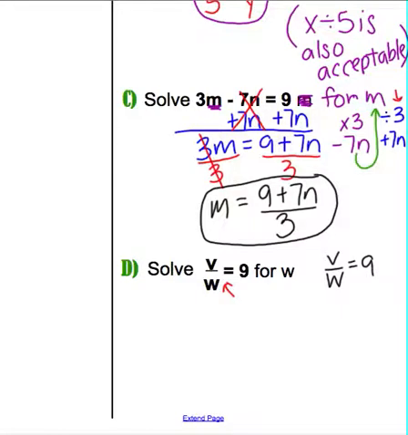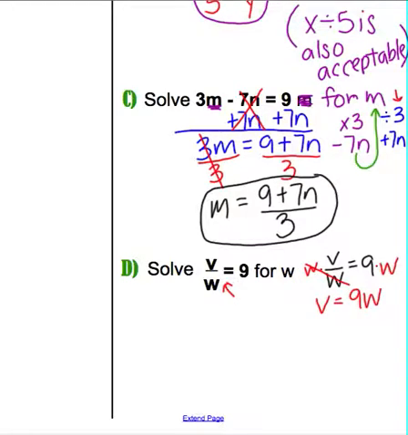Now, I know we're solving for w, but because it's in the denominator, we need to start off by multiplying by w on both sides, because we want to get that thing out of the denominator. It's like we're clearing the denominator, just like we did with fractions. So now we've got v equal to 9w, and that looks a little bit more friendly.